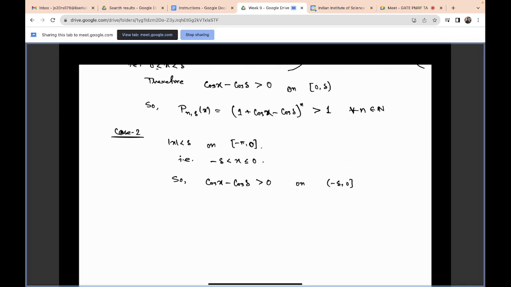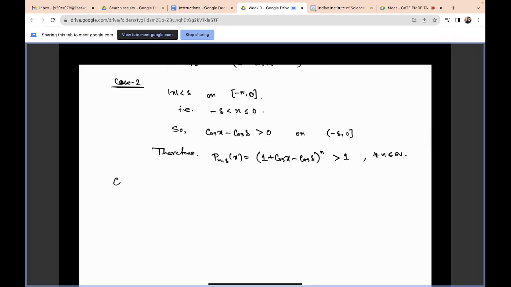Therefore P_n,delta of x is (1 plus cos x minus cos delta) to the power n, which is strictly bigger than 1 for all n belonging to natural numbers.